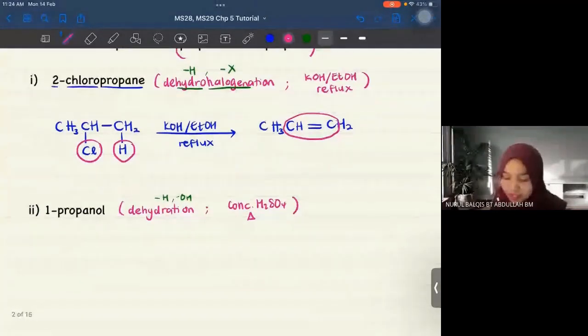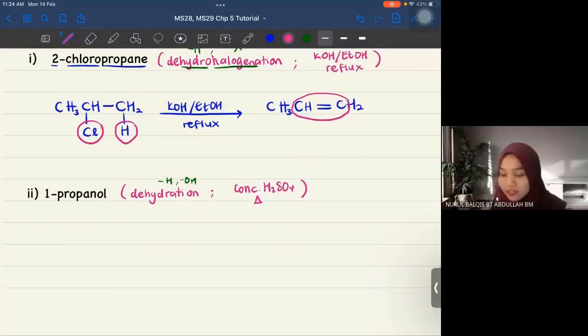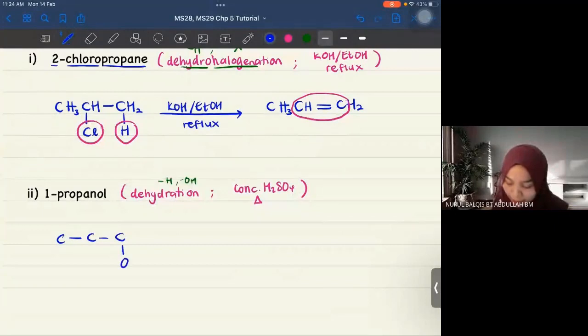Okay, now the second preparations of propene kita boleh buat daripada alcohol. So bila alcohol kita akan remove water. So alcohol again, 1, 2, 3, have propanol. But now your OH is located at carbon number 1. Okay, hati-hati. Means it's going to be CH2. Ini akan jadi CH. Here we have H in here. Belongs to CH3.